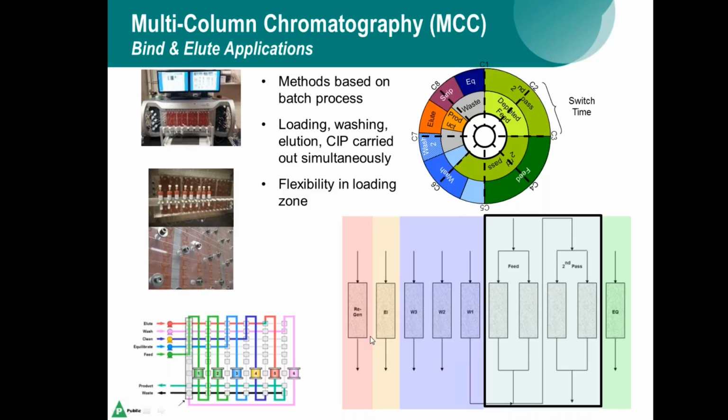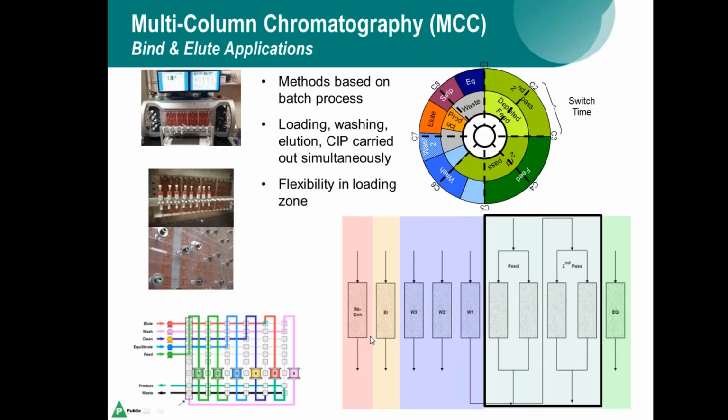We tend to visualize the method itself in terms of a circular chronogram. That's shown in the upper right-hand panel, where the inlets to the column are shown in the outer donut of the circular chronogram, and the effluent is on the inner donut. And then the columns are represented by the spokes.